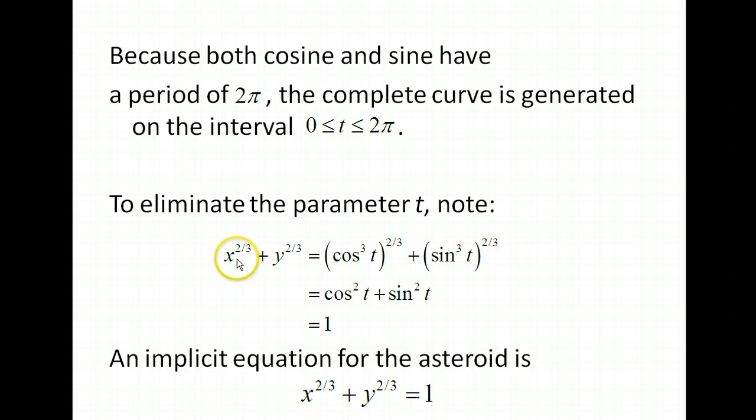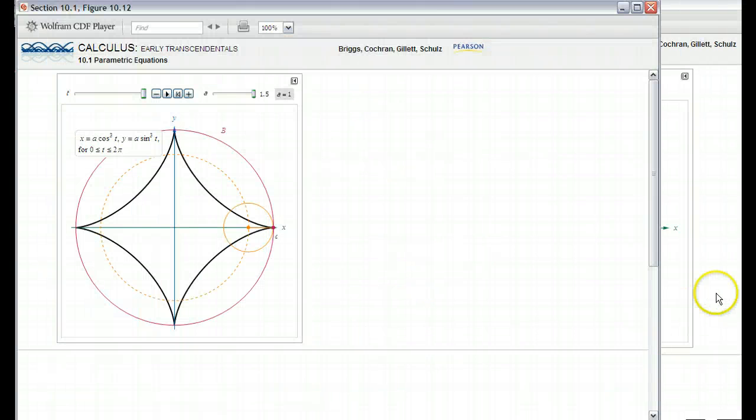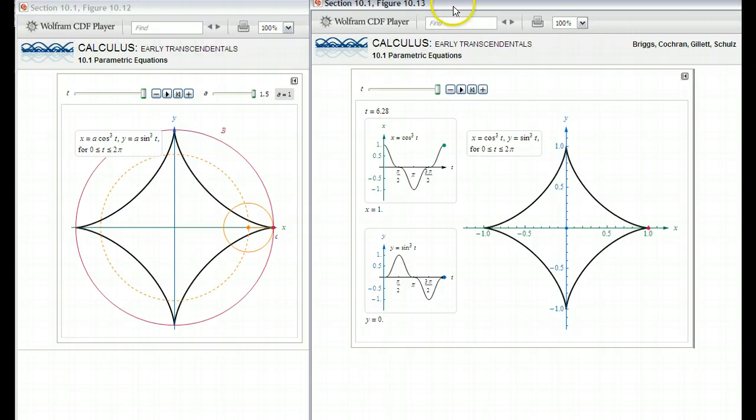If we are clever with the power on x and y, x to the 2/3 and y to the 2/3, we get a nice simplification of the sines and cosines by using the Pythagorean identity. So we arrive at what's called an implicit equation for the asteroid, x to the 2/3 plus y to the 2/3 equals 1.